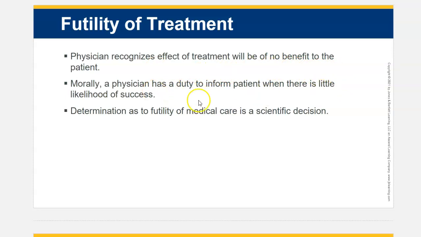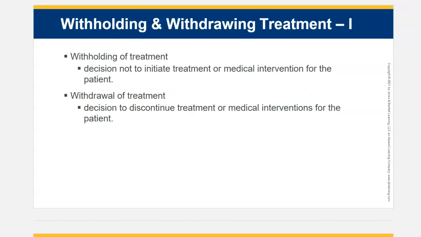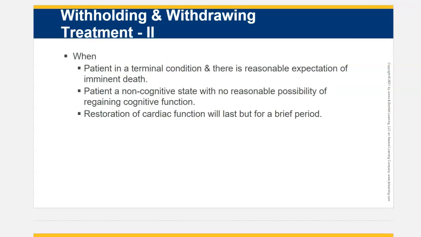Morally, a physician has a duty to inform the patient when there's little likelihood of success, and that includes the patient's family members. No, the providers do not lie about any of this. They have to be very forthcoming and have that ability to deliver bad news when it comes to this type of stuff, especially with end of life. Page 330. Let me get caught up here.